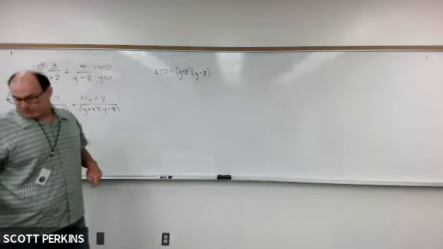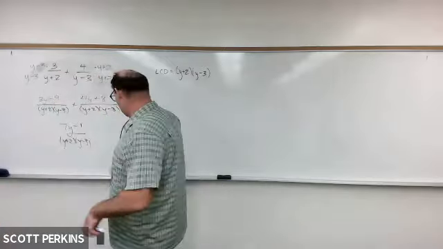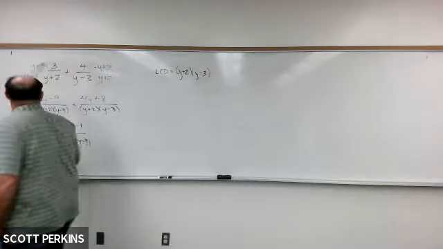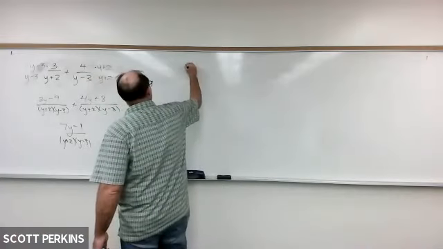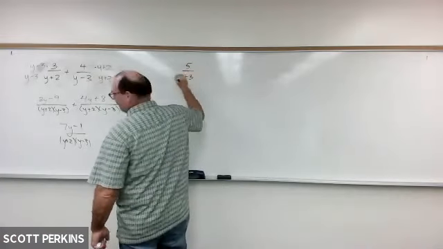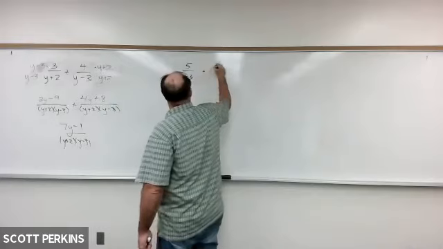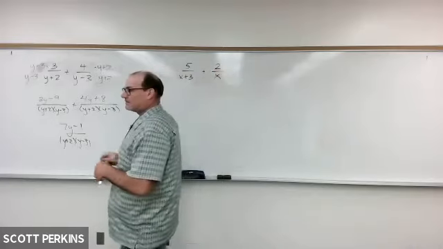All right, here's another one. I'm practicing the process. So try this problem right here. Same sort of thing. I've got 5 over x plus 3. And then I want you to add to that 2 over x.